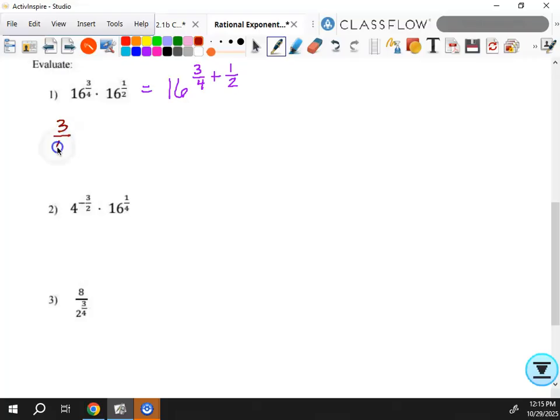If I'm going to take 3/4 and add it to 1/2, what do I have to do to be able to add? Get a common denominator. So I'm going to multiply this by 2 over 2. So that becomes 3/4 plus 2/4. And then that becomes 5/4. Everybody okay with that? So that means that this is 16 to the 5/4 power.